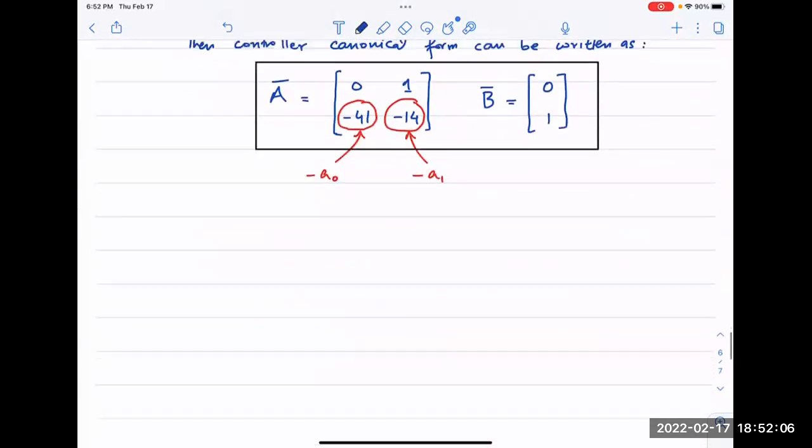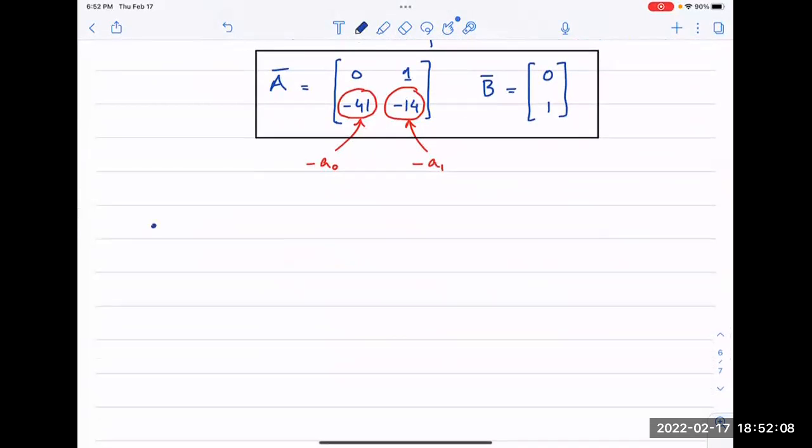So let's do it here. Let's say the similarity transformation for canonical form.